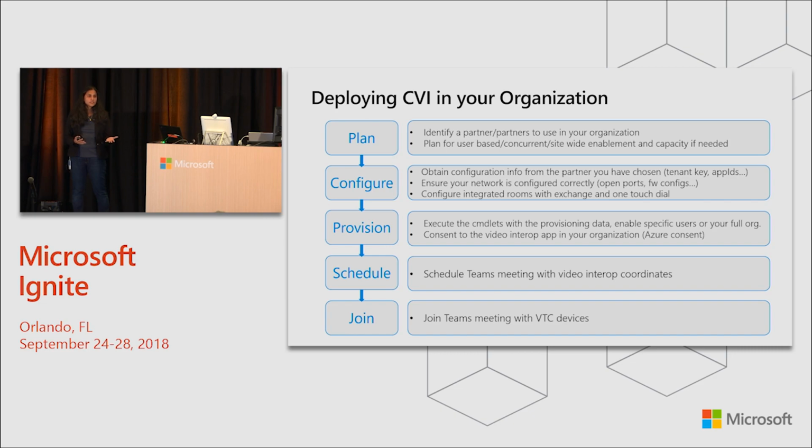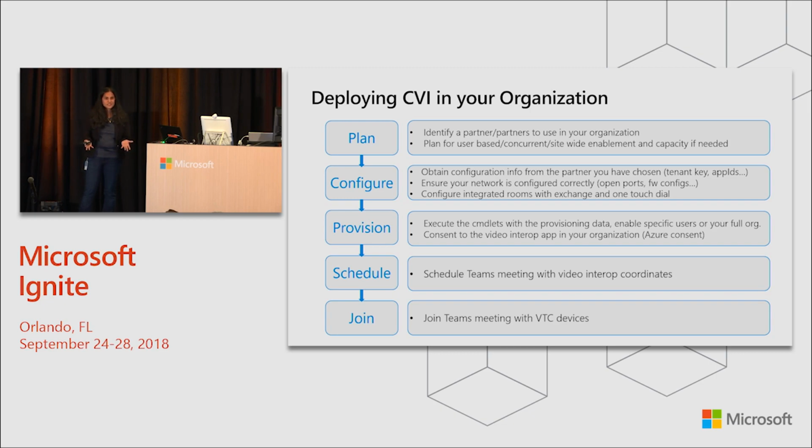So once you identify the partner, there's a set of key aspects you would need to discuss with them, which is what kind of licensing do you want? Do you have like 10 devices that you just want to make usable, versus do you have like 500 devices? Do you have a few set of users that always create meetings where your third party, your other companies, are joining?